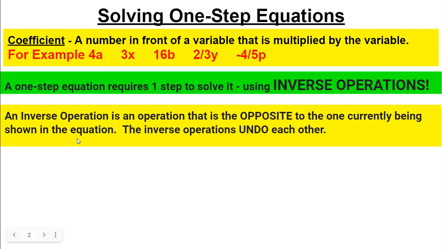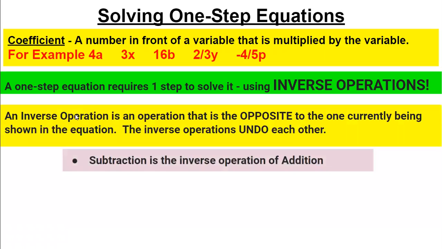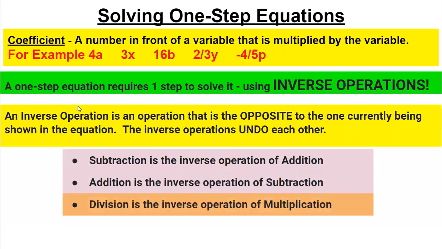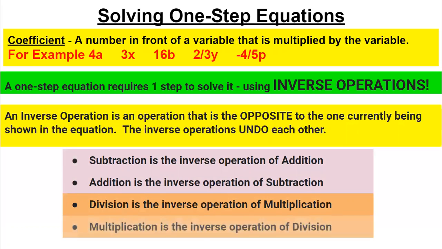If you're multiplying, you're going to divide. If you're dividing, you're going to multiply. If you're subtracting, you're going to add. Those are inverses. So subtraction is the inverse operation of addition. Addition is the inverse operation of subtraction. Division is the inverse operation of multiplication. And multiplication is the inverse operation of division.